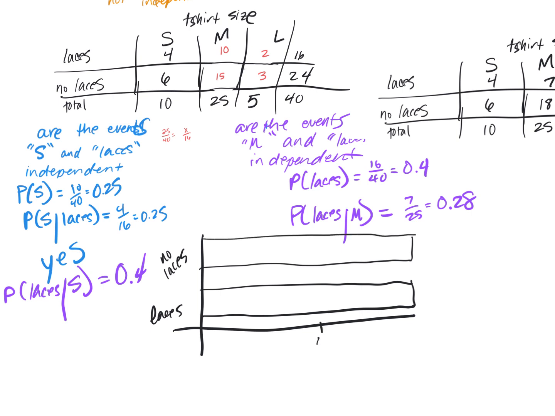So this is 50%, this is 100%: 10, 20, 30, 40, 50, 60, 70, 80, 90, 100. Let's start with the smalls. What percentage are the smalls? 25%. And what we know is it's 25% laces or not laces.